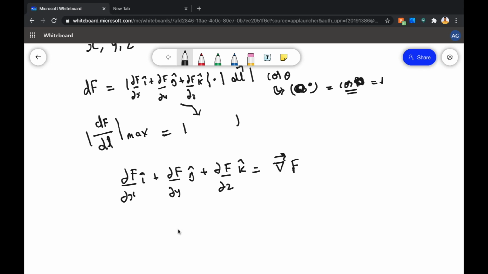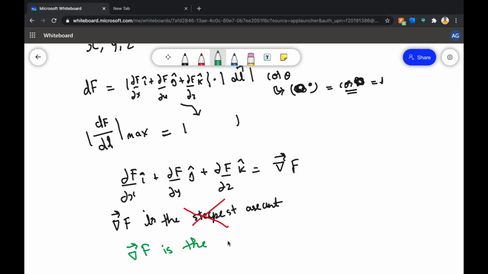Contrary to the popular opinion, grad of f being the steepest ascent, I need you to let go of this idea. It's not the steepest ascent. In fact, grad of f is the only ascent or descent.